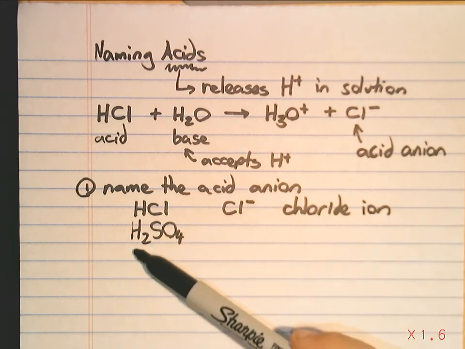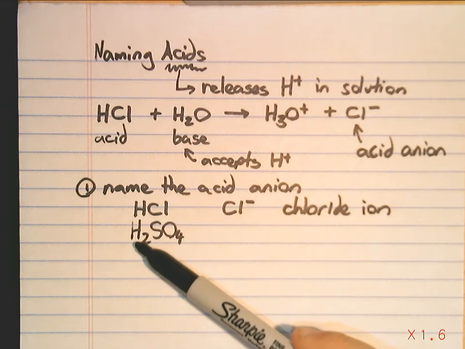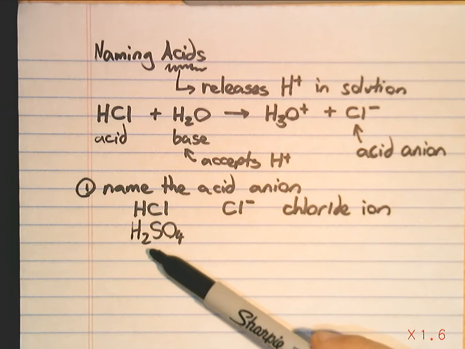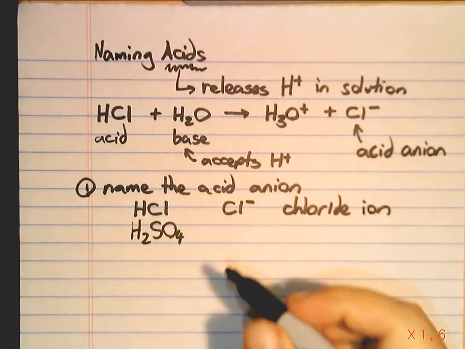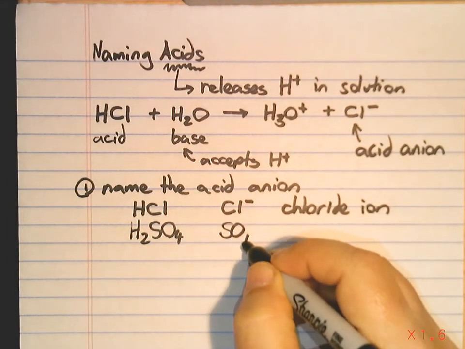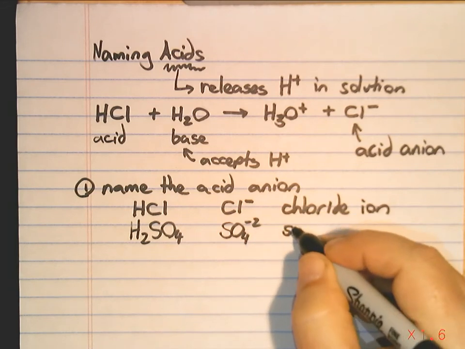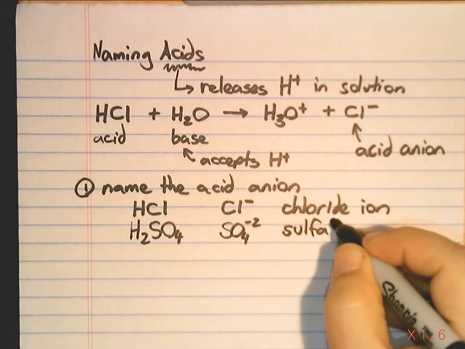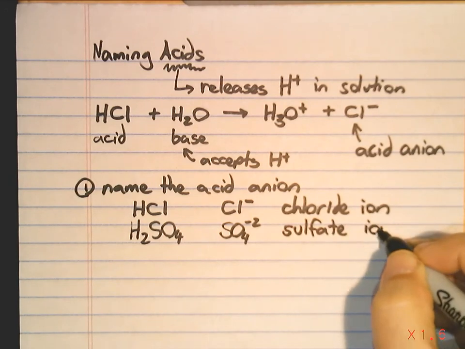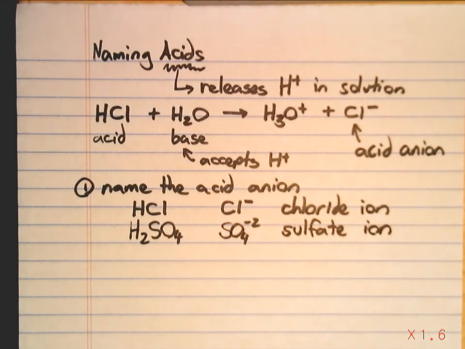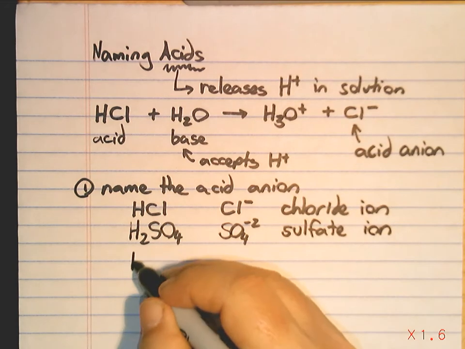The leading hydrogen ions here, there are 2 of them, each have a charge of +1. So if you pull off an H+ and then another H+, you have left behind SO4 -2. And from your polyatomic ion list, that's a sulfate ion. How about this one?